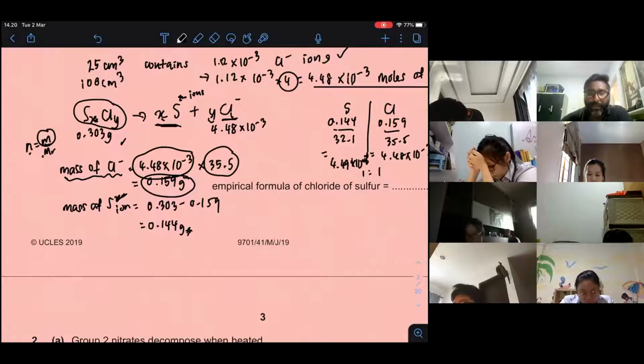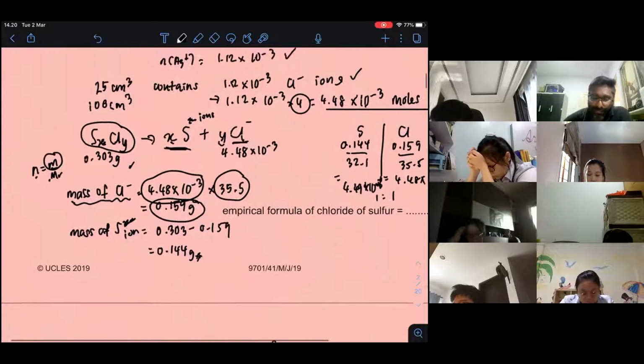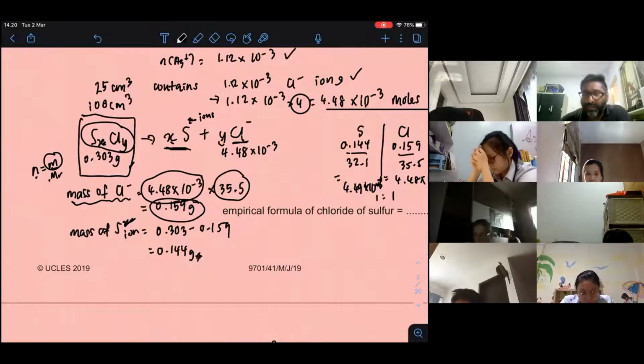0.159 gram. So we know that this sample, 0.303 sample, has sulfur ion and chloride ion. So you found out the chloride ion, so you can find out the sulfur ion, which is just by minus. When you minus, you will get the mass of sulfur ion.